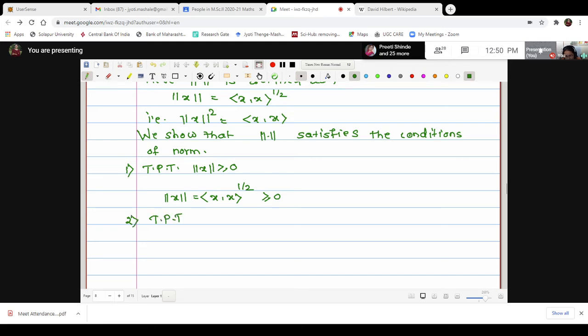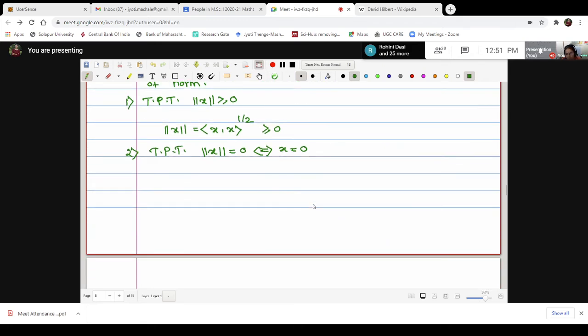Let us go for proving the second condition. What to prove in the second condition? Norm x is equal to 0 if and only if x is equal to 0. By the definition of inner product, the second condition of inner product says inner product xx is equal to 0 if and only if x is equal to 0.